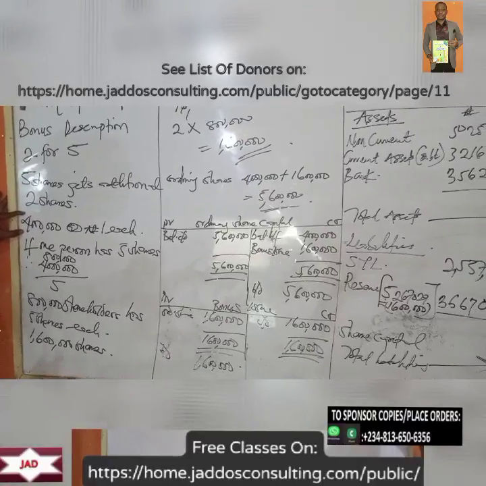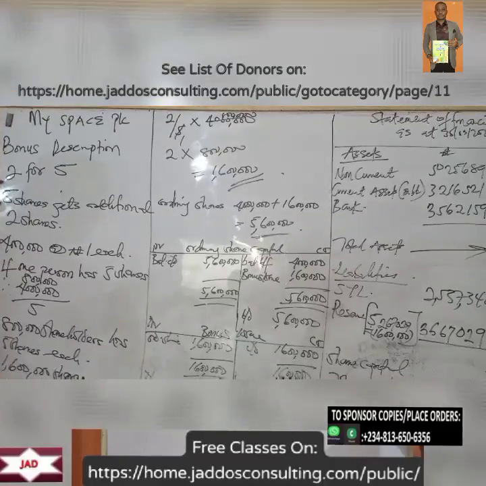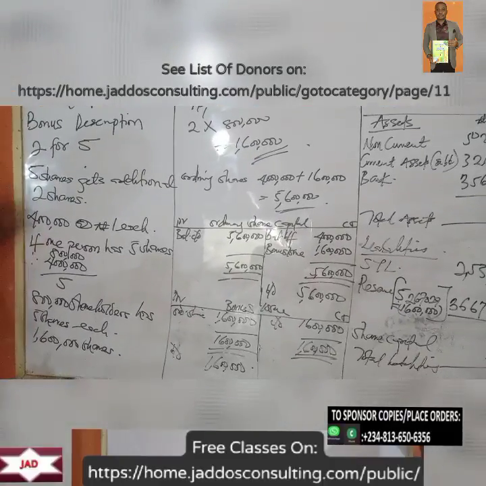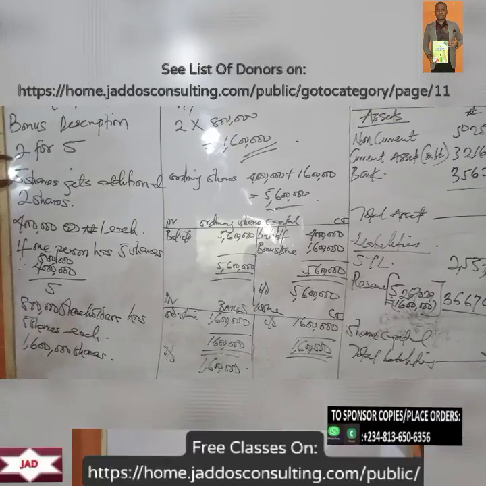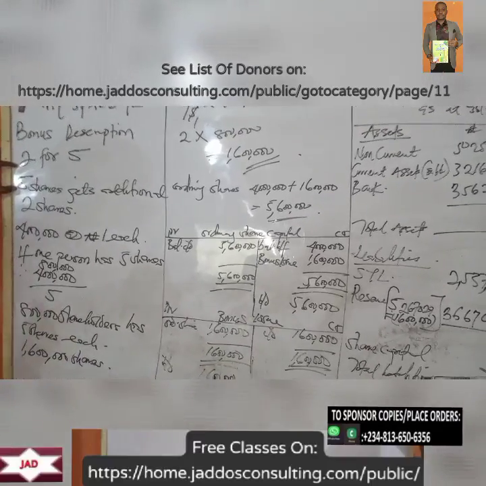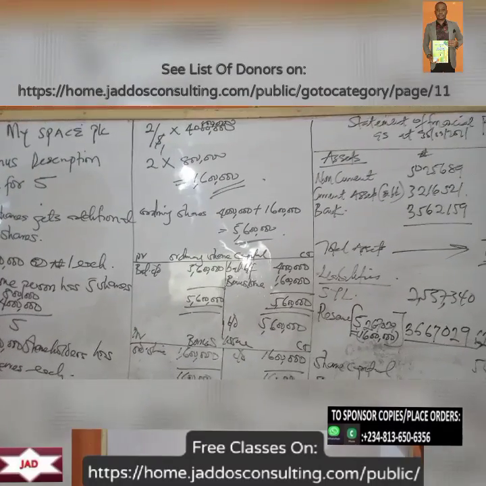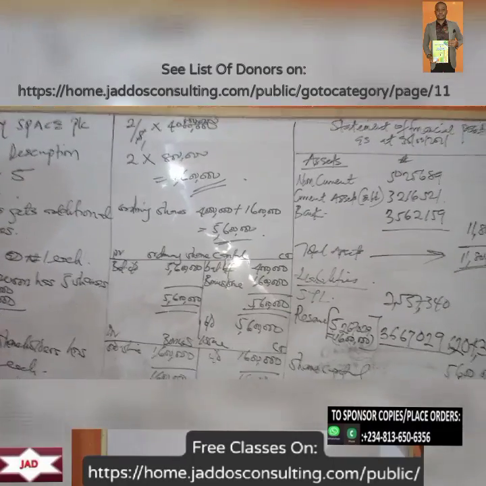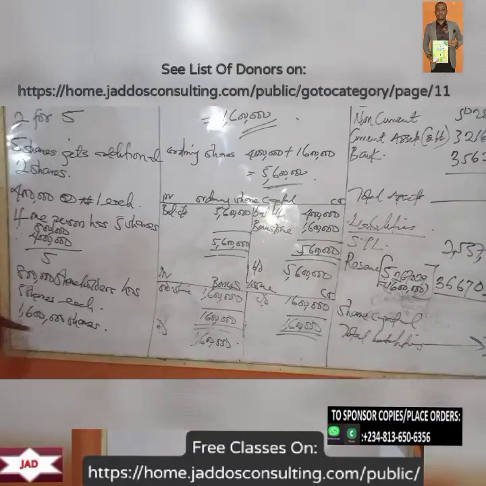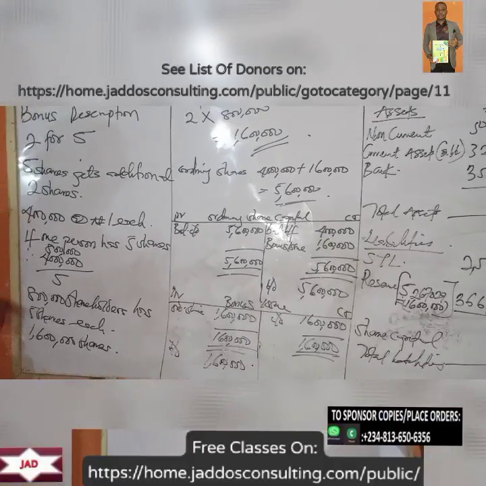So if we go by the assumption that each person has 5 shares, that means we're going to have 800,000 people having 5 shares each. If you have 800,000 people getting 2 shares each, it means we're going to give out 1,600,000 shares.